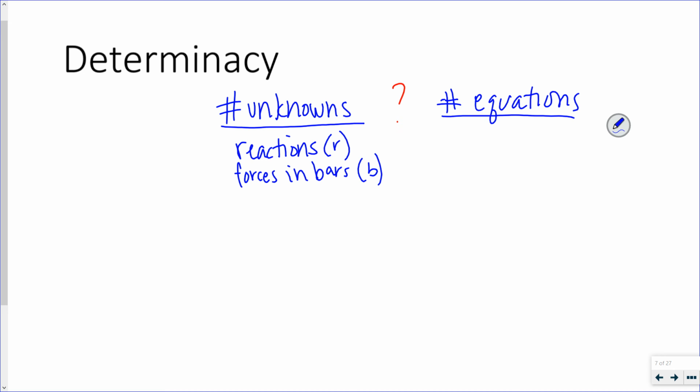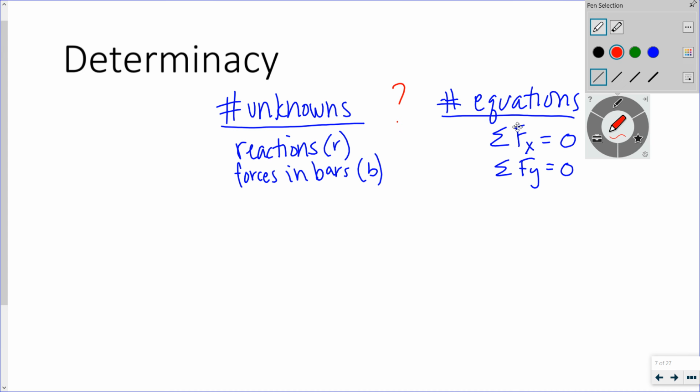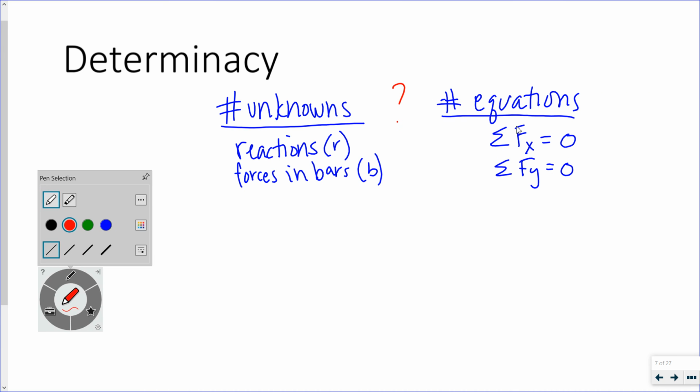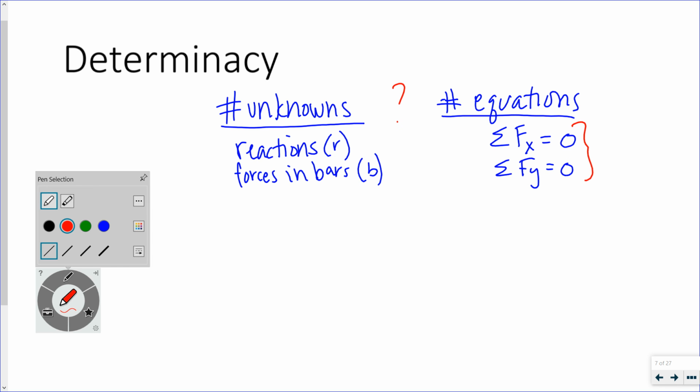I do know that I can use equilibrium. I can solve for the sum of the forces in the x direction and the sum of the forces in the y direction. There are two equations of equilibrium at each joint.